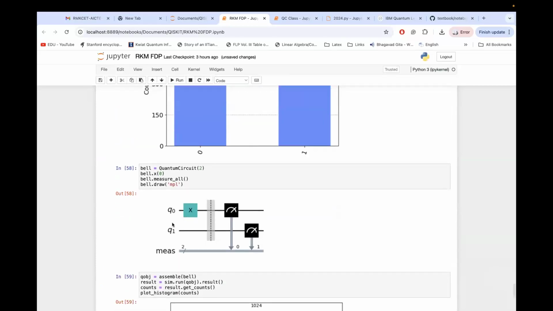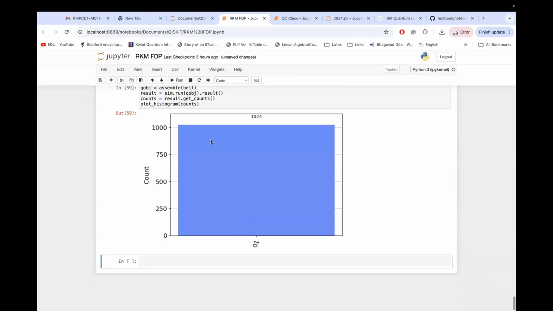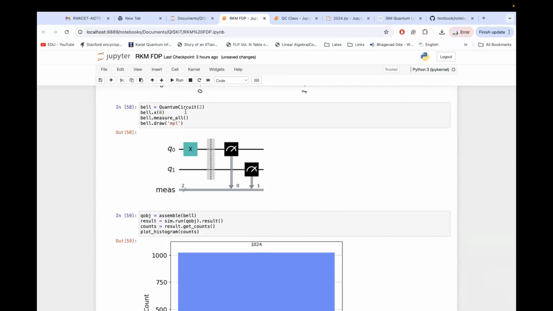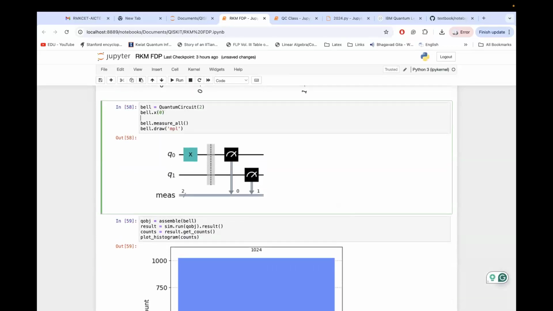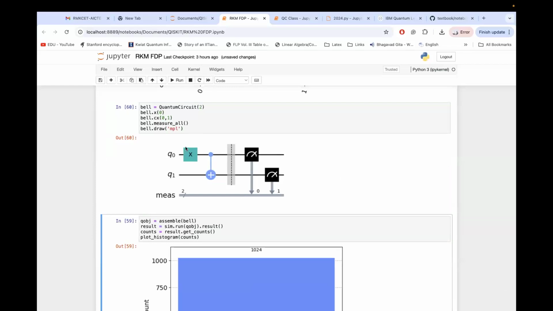It means you initialize both the qubits in the 0, 0 state, and after that, when you apply x operator to the first qubit, that state becomes 1, 0. Now I'm going to apply CX operator to this one. So the bell dot Cx, controlled x, and the 0th qubit is the control qubit, the first qubit is the target qubit. Now this is the circuit, like the state becomes 1, 0.